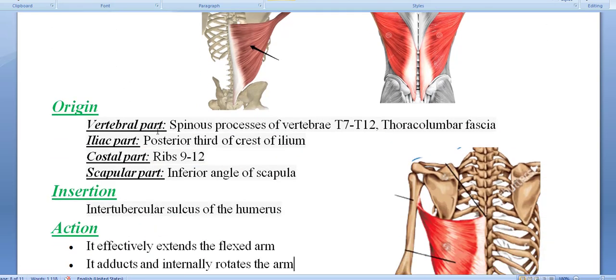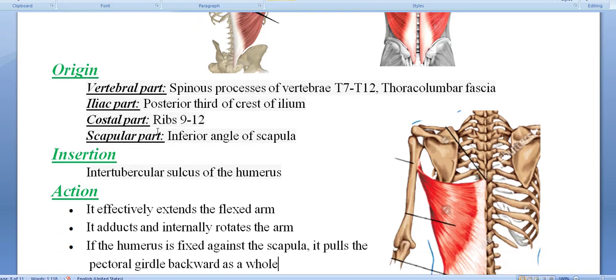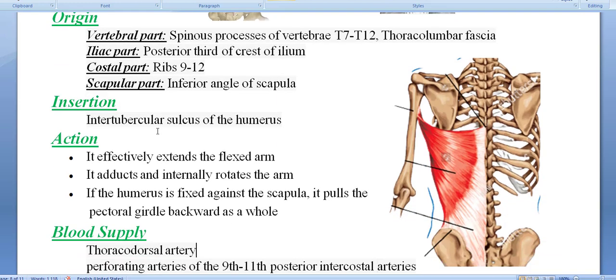Now what is the origin of this muscle? It arises from four different regions. It has a vertebral part, an iliac part, a costal part, and a scapular part.